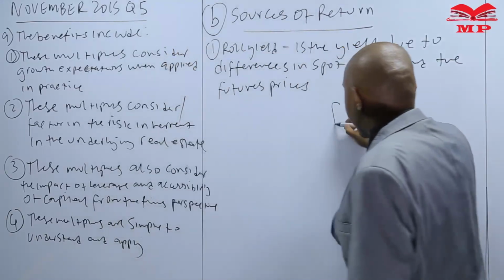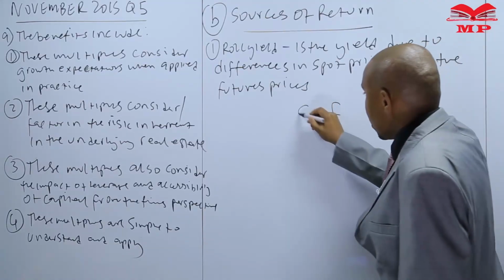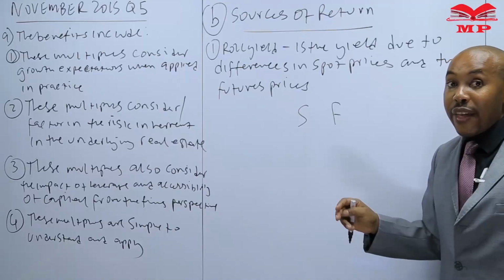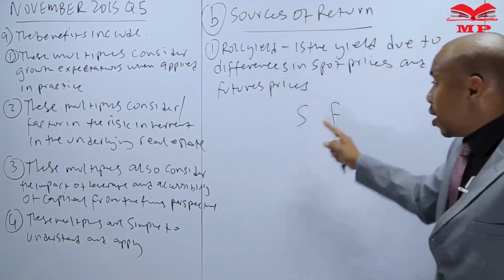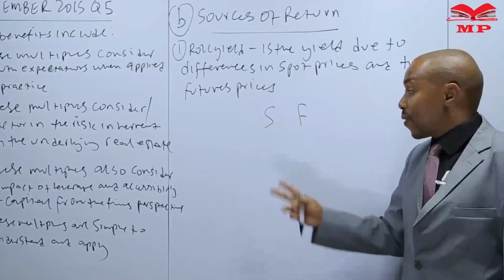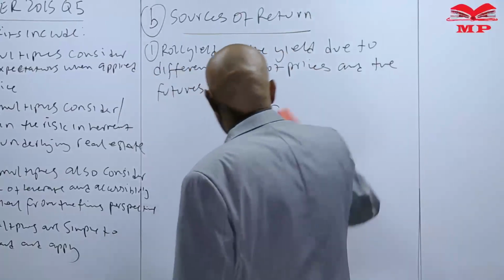So if the spot price and the futures prices are very distinct from each other, that can provide some component of return. We're saying return for the investor can be earned from the roll yield. That is the differences between the spot price and the futures price or the forward prices.